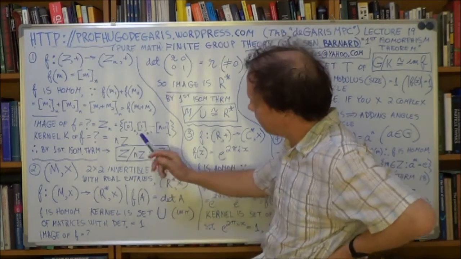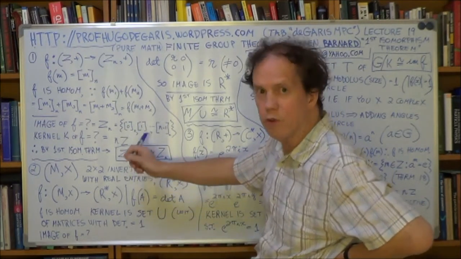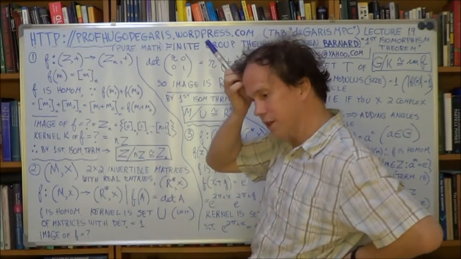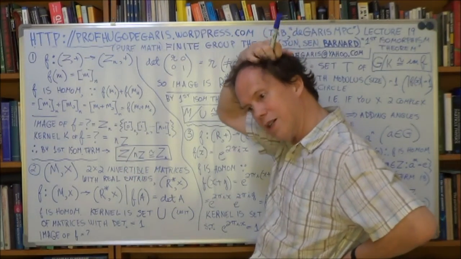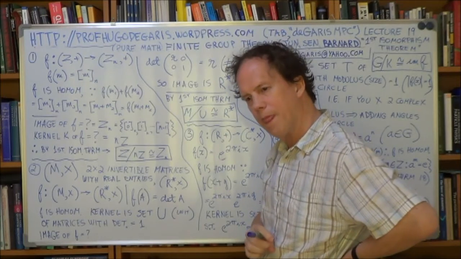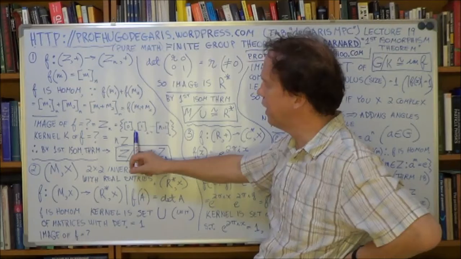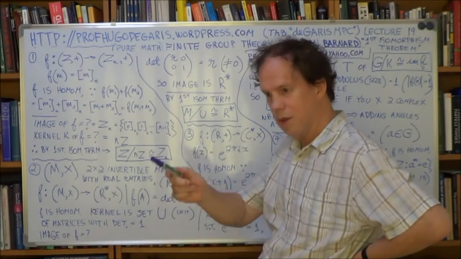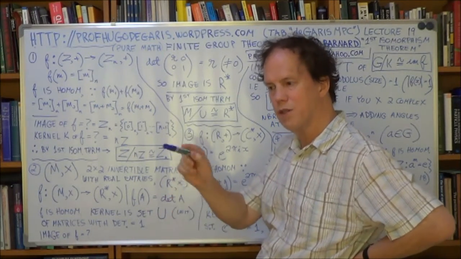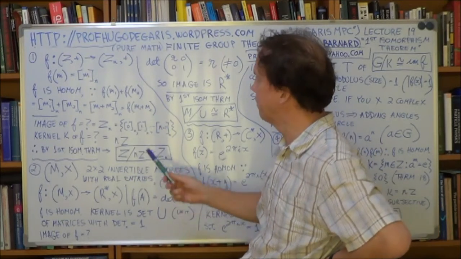This one here, for example, is shorthand: square brackets 0 mod n, where n is an integer. It's a bit of revision. It's the set of all integers that are congruent to 0 mod n, in other words 0, plus or minus n, plus or minus 2n, plus or minus 3n, and so on.